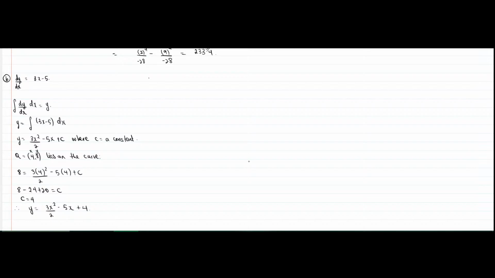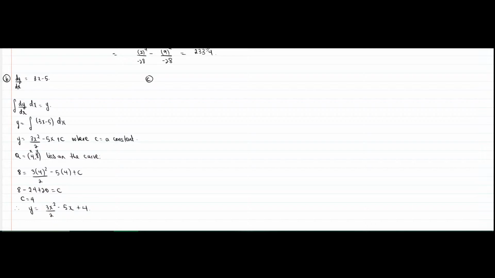And part C could fit here. Calculate the area between the curve y equals 2 cos x plus 3 sin x and the x-axis from x equals 0 to pi on 3. Okay, cool. So it's bounded by the x-axis, the y-axis, and pi on 3.